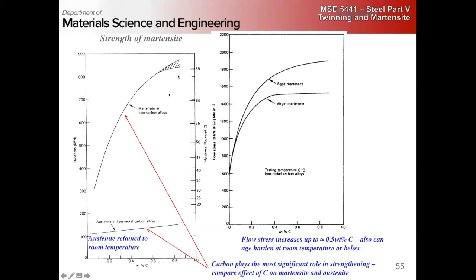The fine lath structure and the BCT structure gives you very, very, very high strengths, but very small ductility, right? Purely martensitic steel is very brittle.